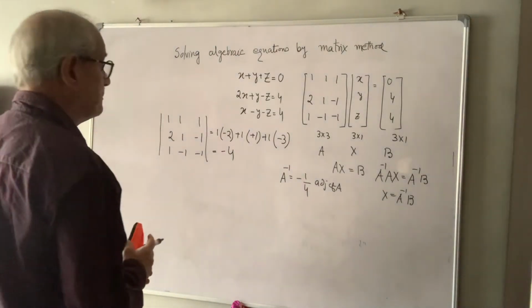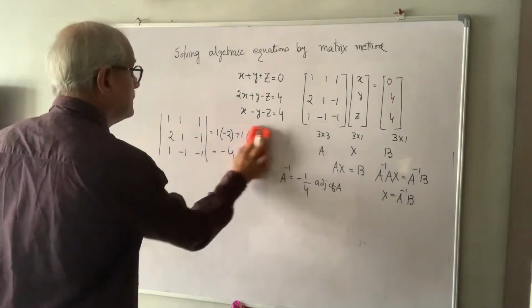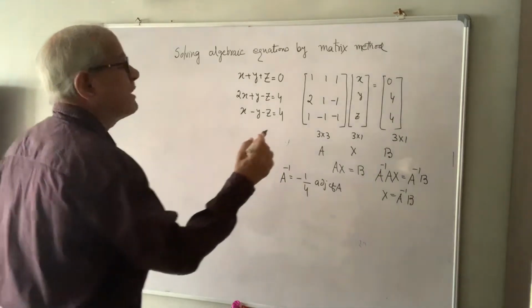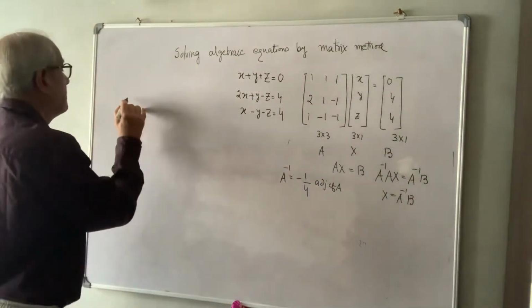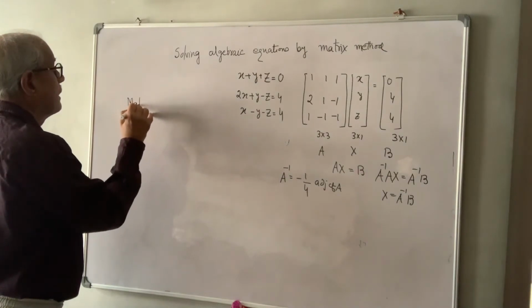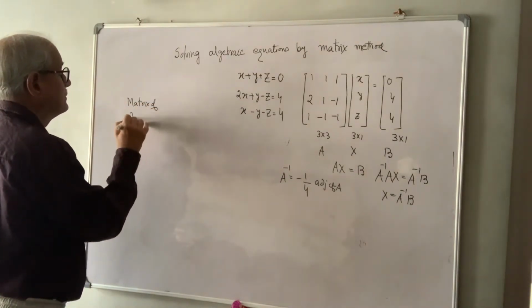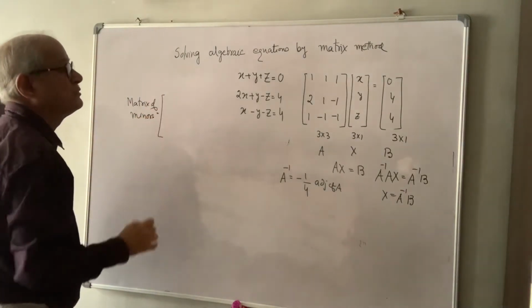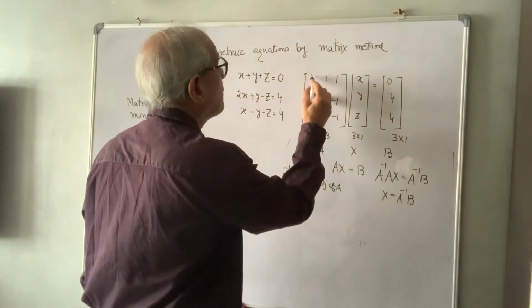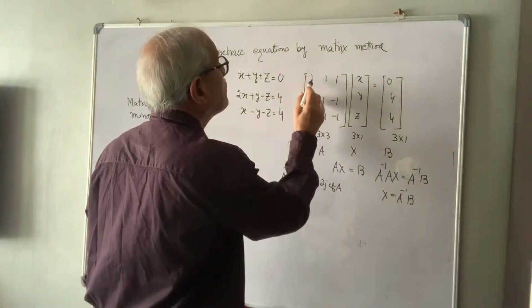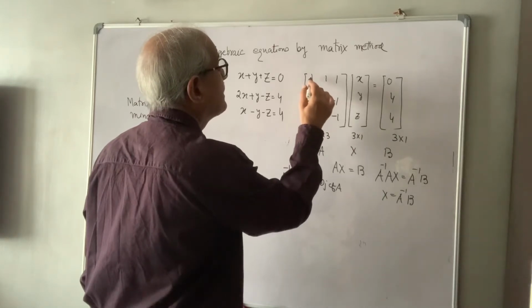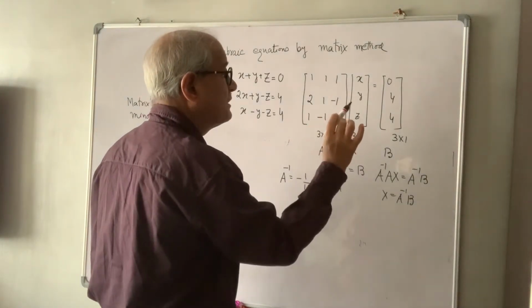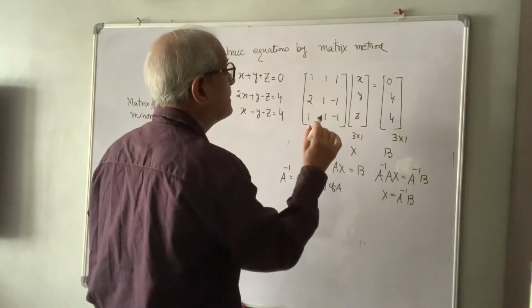And minor means, we can erase this. This is the matrix, and matrix of minors is equal to: we want to find the minor of this one, then the column and the row containing that element is to be deleted, not to be taken into account.